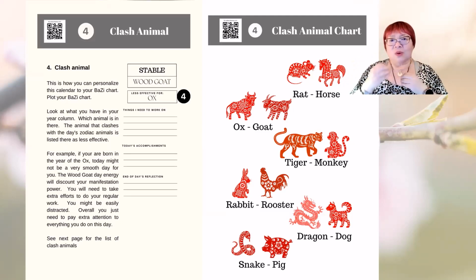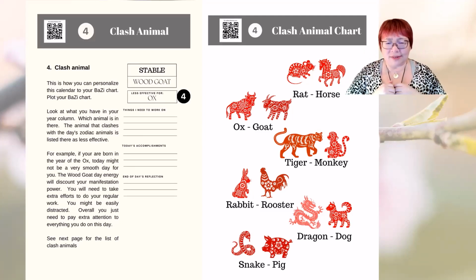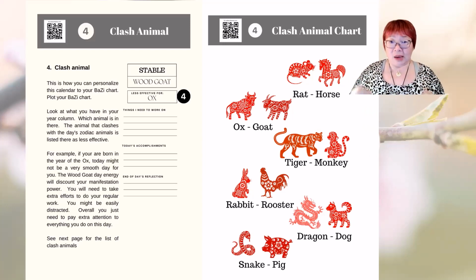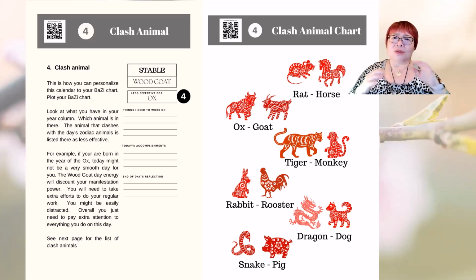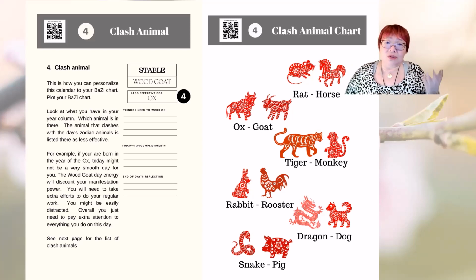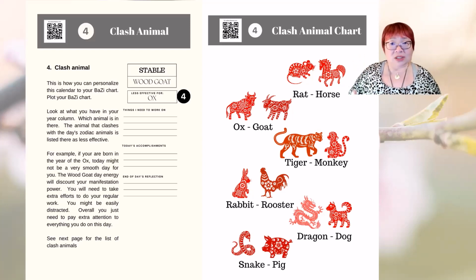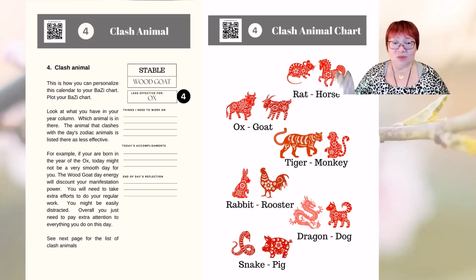That's why they don't really like each other. Same thing with the tiger. The tiger is a tree, a yang wood element, and the monkey is a yang metal, like an axe. So the axe wants to chop the tree, right? That's why they don't get along. Same thing with the rat. Rat is water, and horse is fire. They kind of don't get along.